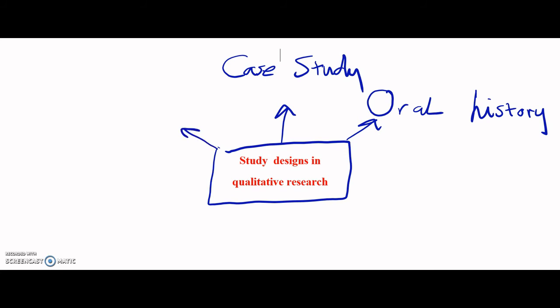The other group is what we call focus group research. Focus group research tends to focus on getting a group and then having a dialogue with them, an interview or a conversation, to collect information from them about something.